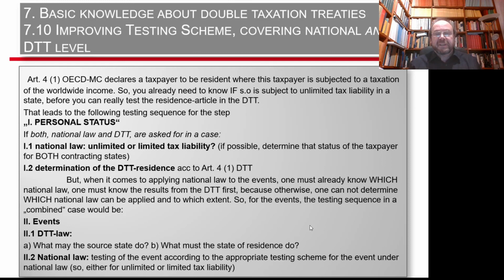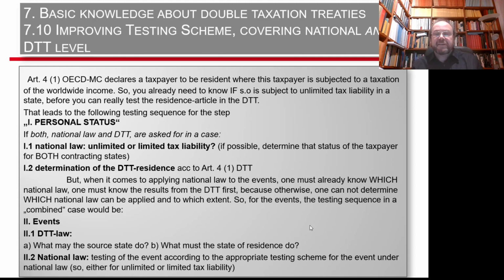You begin with the personal status, and if you want to have some rationalization effects, you remember that Article 4 required that you were an unlimited tax liability taxpayer in a state. So it might be a good idea to test that first, because that's information which you already need to have when you apply Article 4. So here I would begin with personal tax liability and then shift to double taxation treaty residence country.